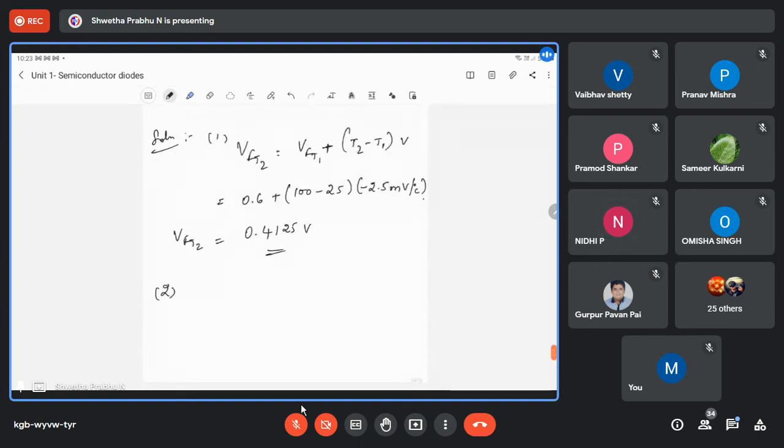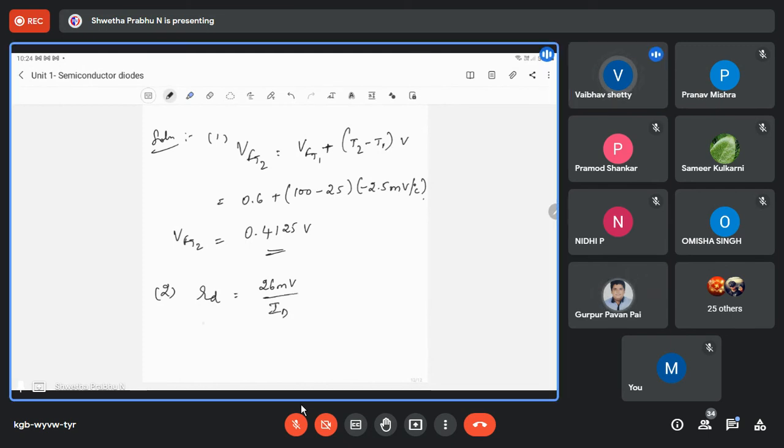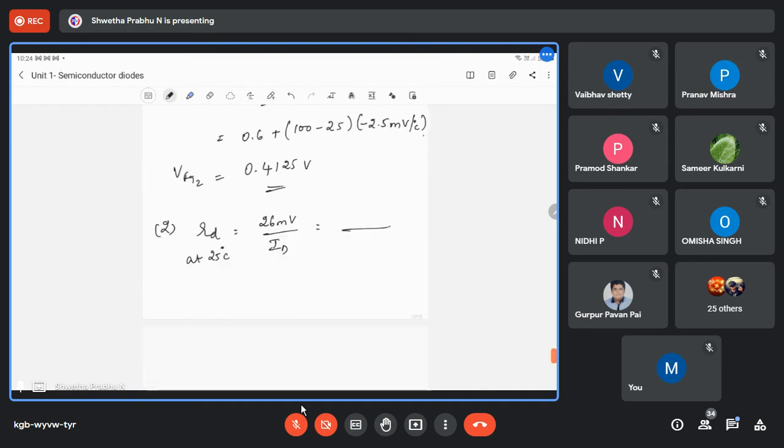Okay. Second sub question, to find RD. RD at room temperature, what is the equation? 26 millivolts divided by ID. That is at room temperature, that is at 25 degrees Celsius. How much you'll get?